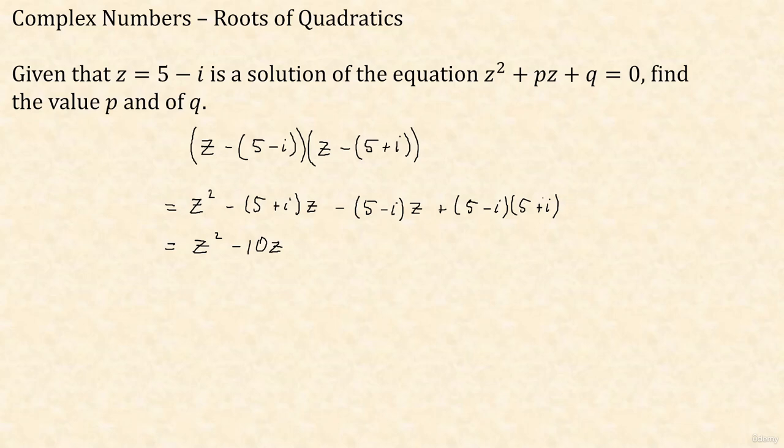The 5i and the minus 5i cancel, and the minus i times i is 1. So I have 5 squared plus 1 squared, that's 26. And so here is the quadratic equation that has 5 minus i as a root, and therefore 5 plus i also as a root. So the value of p was minus 10, and the value of q was 26.